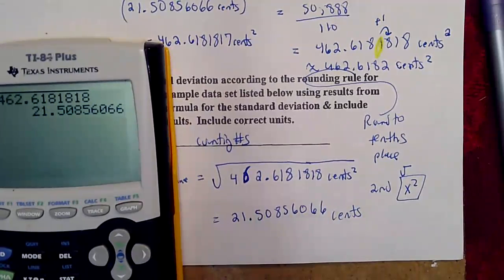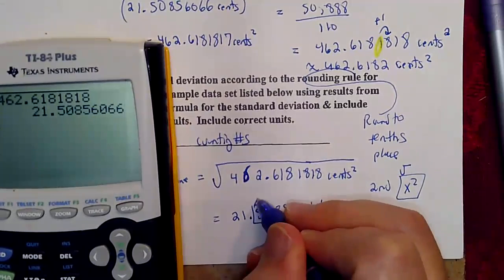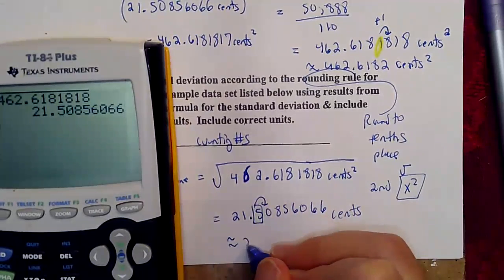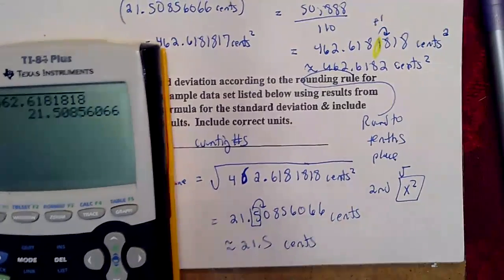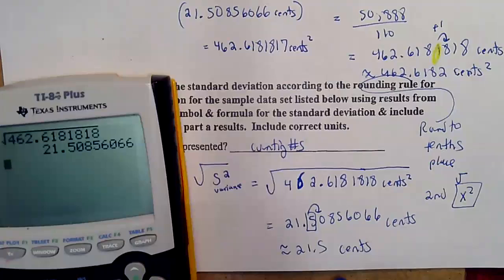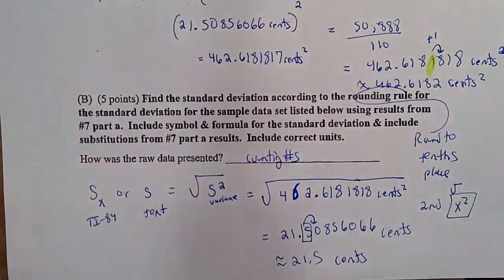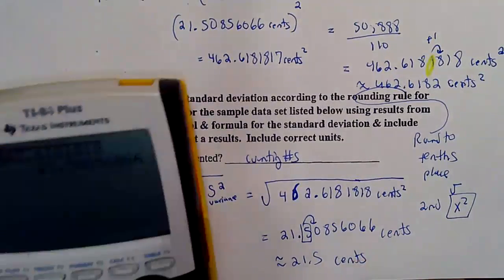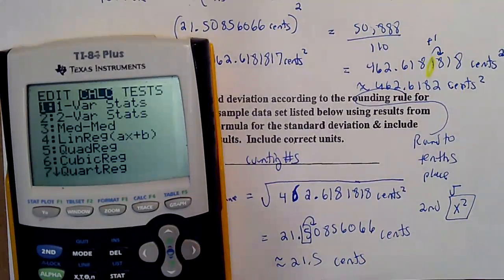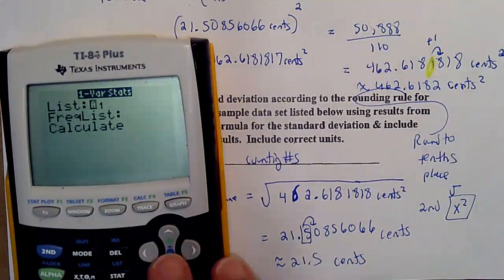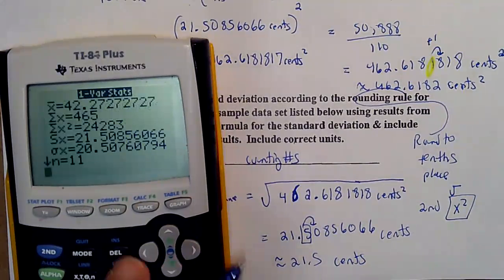And then we use the rounding rule on that, round to the tenths place. This is the tenths place. Is this 5 or more? No. Okay, and then when you double check it on your calculator, because this is standard deviation, remember we went to stat, calculate, one variable stats, and then we go down here, calculate, and see this.